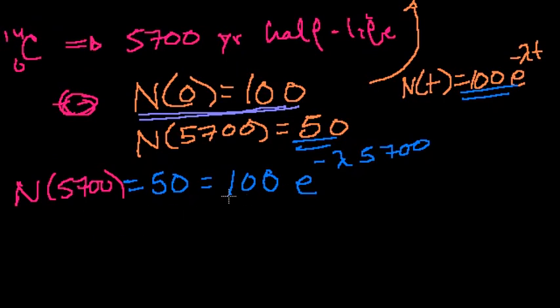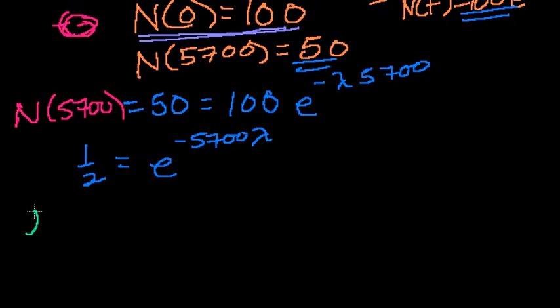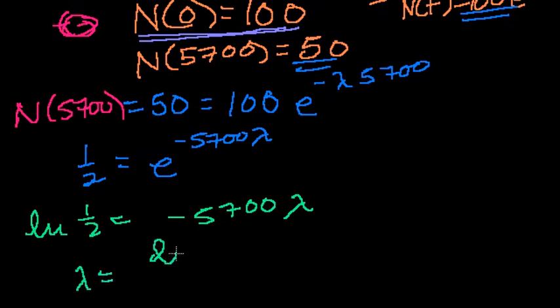So if you divide both sides of this by 100, what do we get? We get 0.5. We have 1 half. 1 half is equal to e to the minus 5,700 lambda. And we can take the natural log of both sides. So natural log of 1 half is equal to, the natural log of this is just minus 5,700 lambda. To solve for lambda, you get lambda is equal to the natural log of 1 half over minus 5,700.